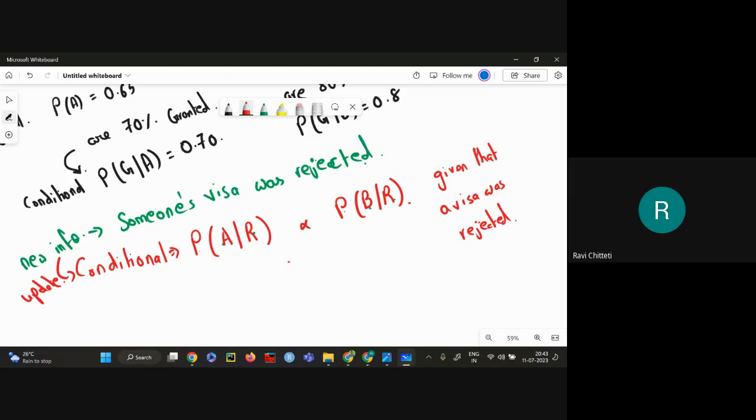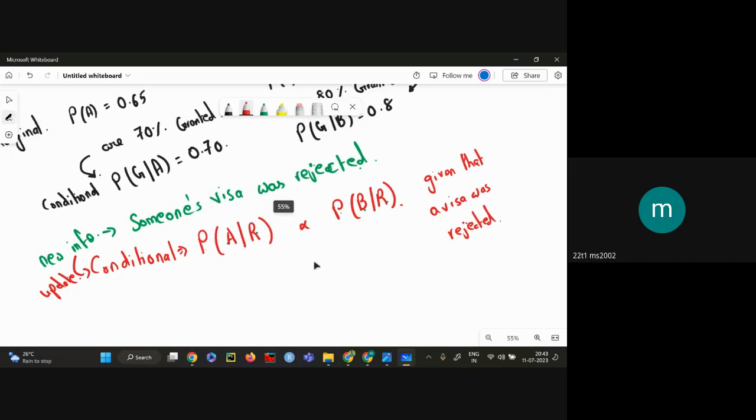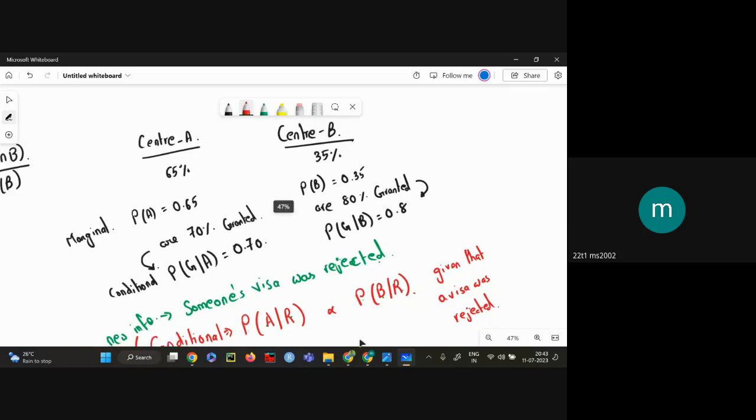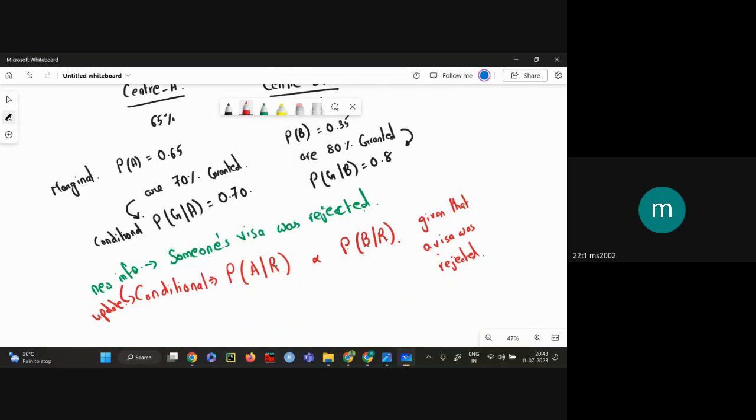Exactly. Okay. So what are you updating? Now the question is, among all the given information, which probability are you updating? Whatever I've written in red is the posterior probability.